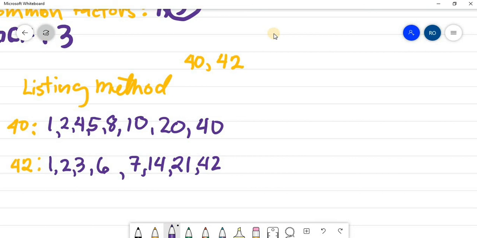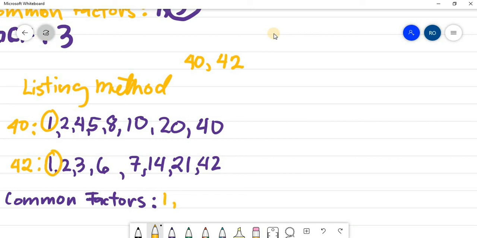Now, let's encircle the common factors of 40 and 42. So we have 1. Let's write 1, 2.